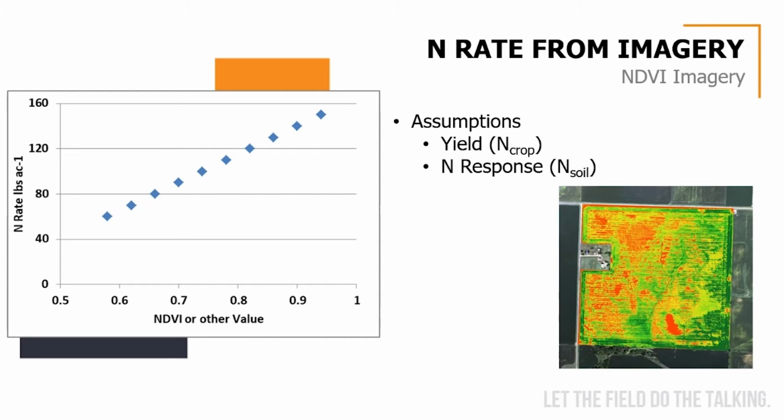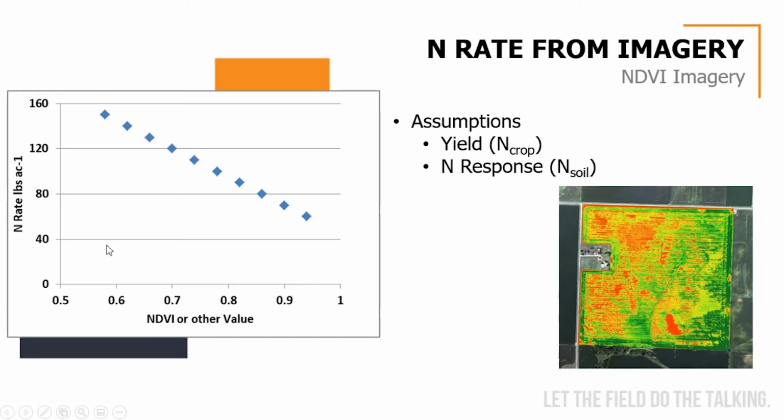This first model is similar to a sandy soil, where we're not really going to apply much nitrogen to that poor crop because it's probably just not going to recover. But we really need to push this better crop over here to maintain yield potential due to a higher demand.